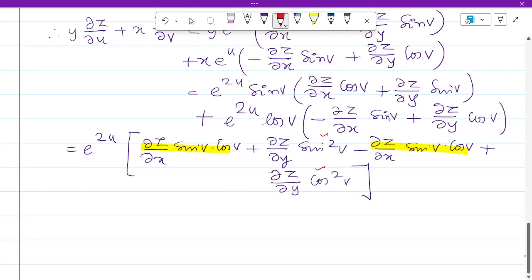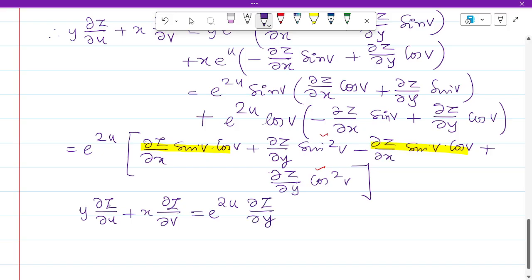So finally we can write that y ∂z/∂u plus x ∂z/∂v equals e^2u ∂z/∂y (sin² v plus cos² v), that is e^2u ∂z/∂y. This is the proof for this.